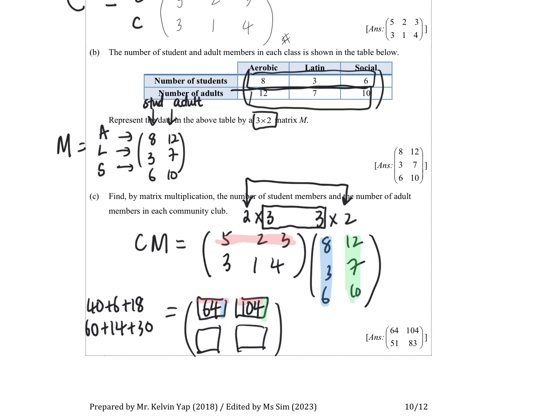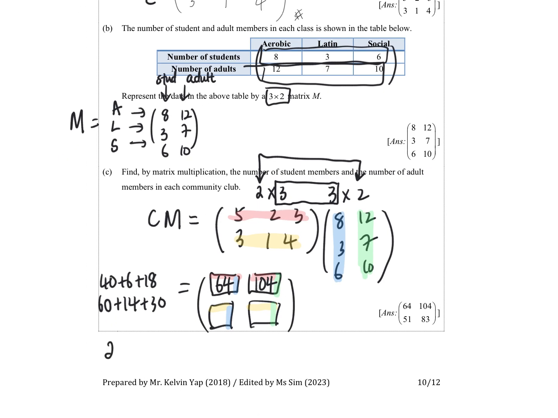Okay, last two. The horizontal one, let's call it yellow. Multiply by blue and green. So do them separately. 24, 3 and 24, 51. Okay, last one is 36, 7 and 40. So 83. Okay, so you check the 4 entries.